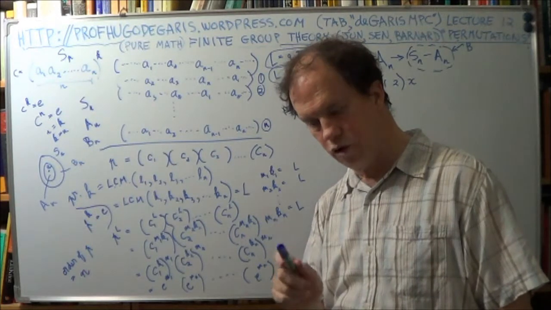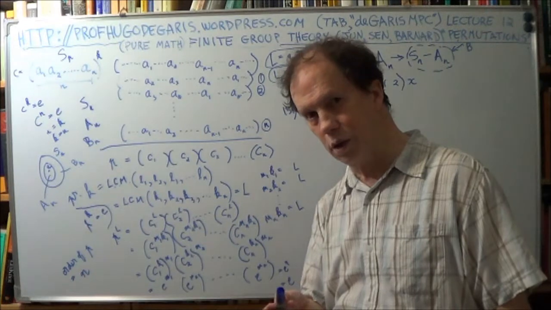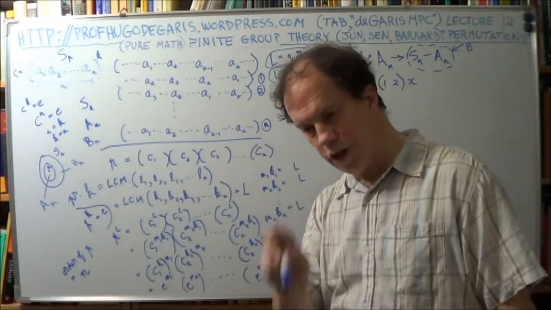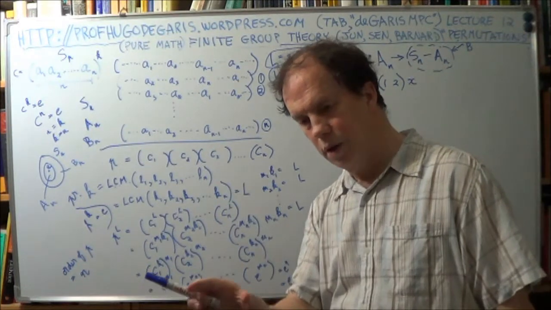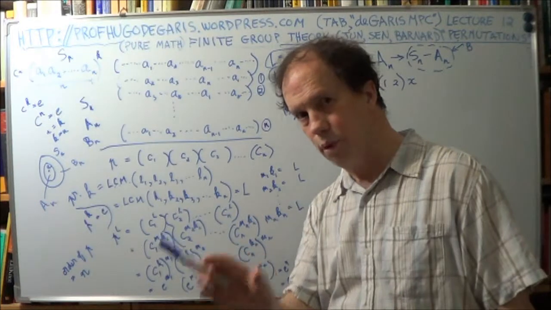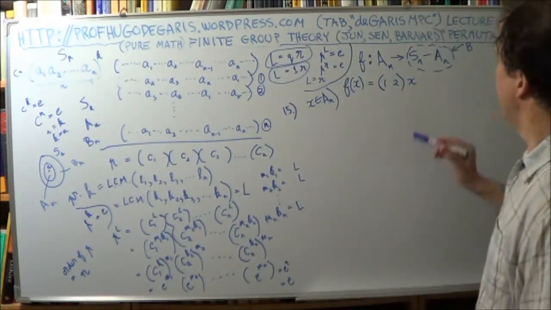A transposition is an odd permutation. That was one of the theorems. Go back a little bit.